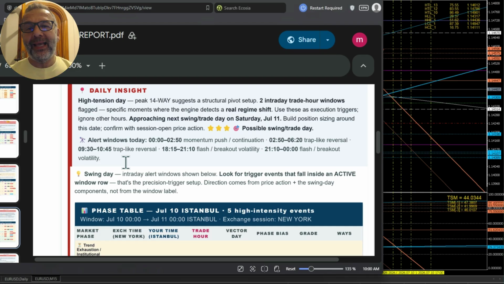This is why I always say time and price, it will solve every trader's problem, because the majority of our problem is psychological. What's the market going to do? Well, now you know highly likely what it's going to do, at what hours, plus specific hours to enter a trade. Nobody else is doing that, right?